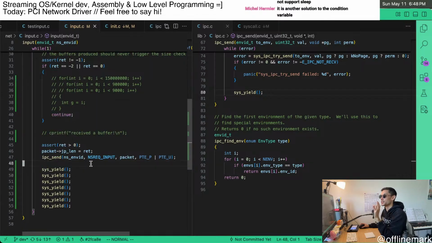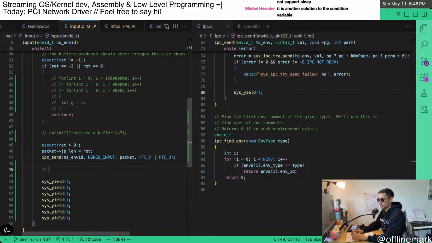But anyway, the other solution that could possibly help here is instead of doing all these yields, we do some new imaginary system call. It would basically be like sys yield and sleep or something like this. Not only do we yield, but we forcibly make our own process unrunnable.